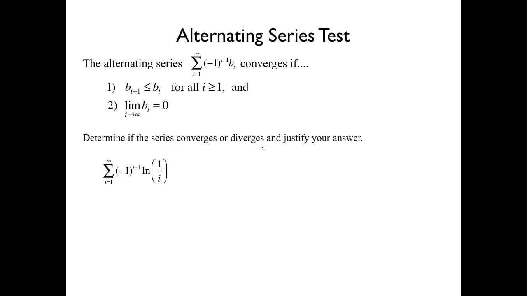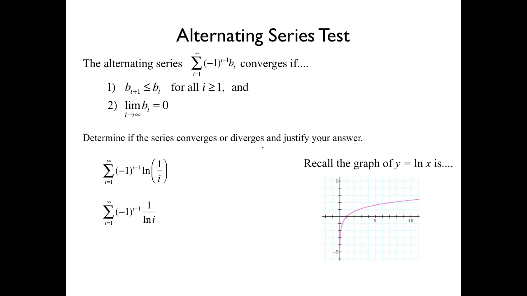All right, so I've got a couple for you here, relative to the natural log function. So here's (-1)^(i-1) times ln of the quantity 1 over i, and (-1)^(i-1) times 1 over ln of i. I'm going to remind you of what natural log's behavior is. Here's natural log.